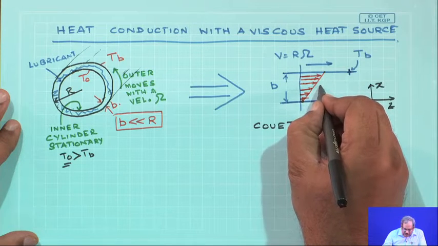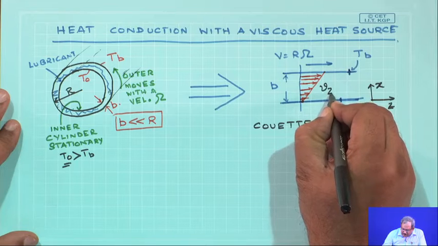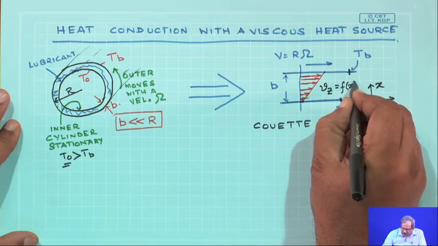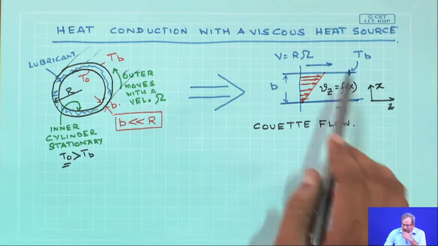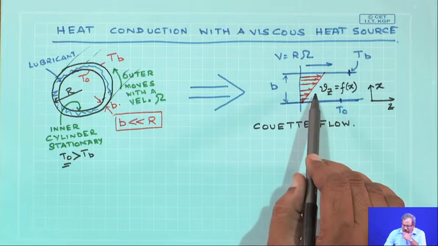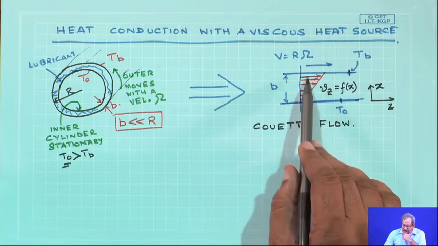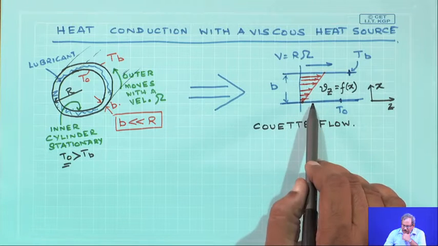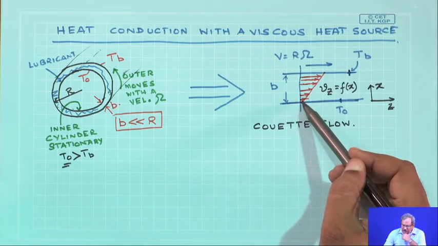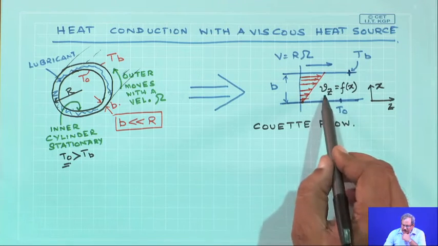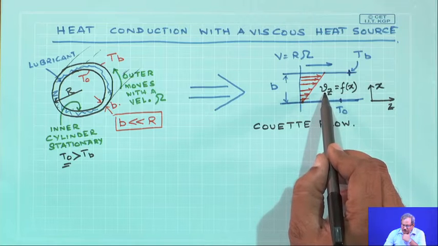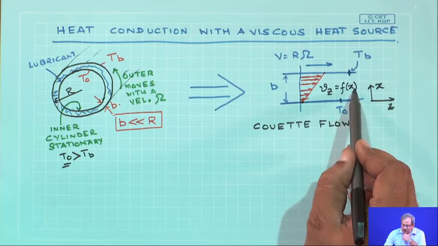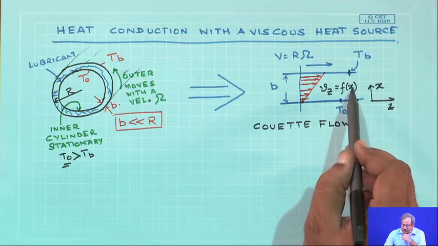The velocity is going to be only in the z direction, and it is going to be a function of x alone. So, the motion of the top plate is going to induce velocities at different layers of the lubricant present between the moving part and the stationary part, and it is going to be a linear distribution of velocity. It is a one dimensional flow, so Vz in the z direction is going to be a function of x, and it is going to be a linear function of x.